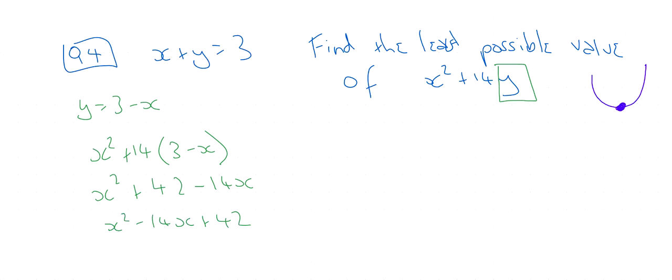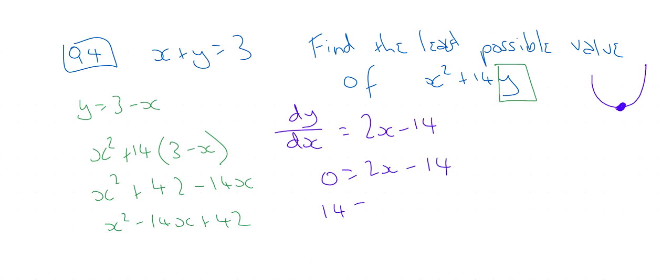Derive it. So dy/dx is 2x minus 14. How do I find out the turning point? Make it equal 0. So then 14 is 2x. So then x is 7. So this coordinate is 7. How do I get the y coordinate? Put it into the original, which is this thing over here.